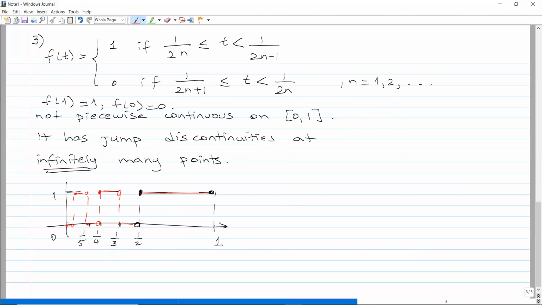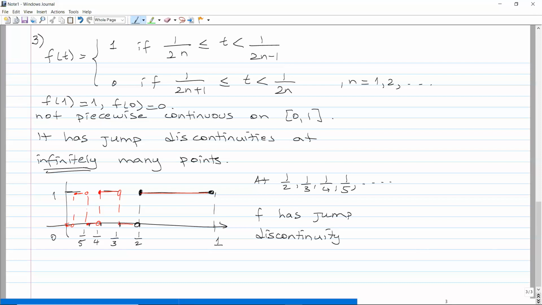But you see, at infinitely many points, at 1/2, 1/3, 1/4, 1/5, and so on, the function f has jump discontinuity. So something like this is, again, not piecewise continuous, because on the finite interval 0, 1, it has infinitely many jump discontinuities.